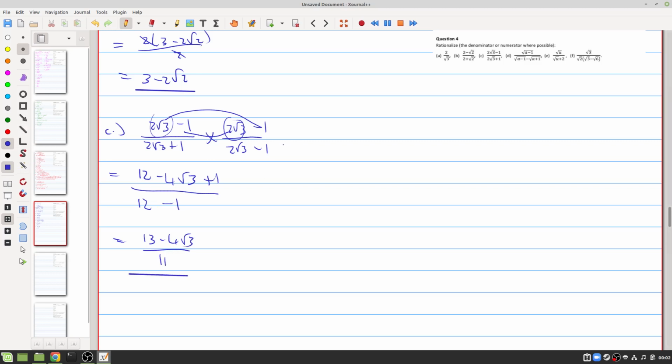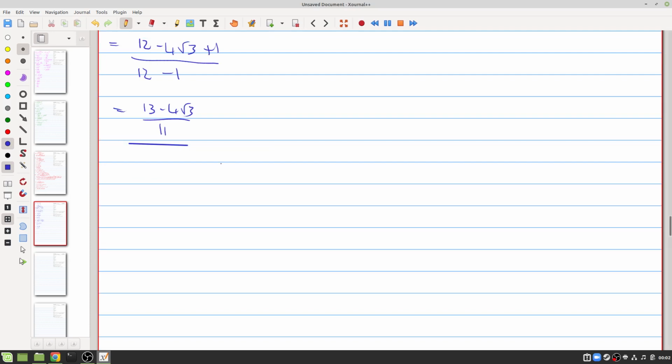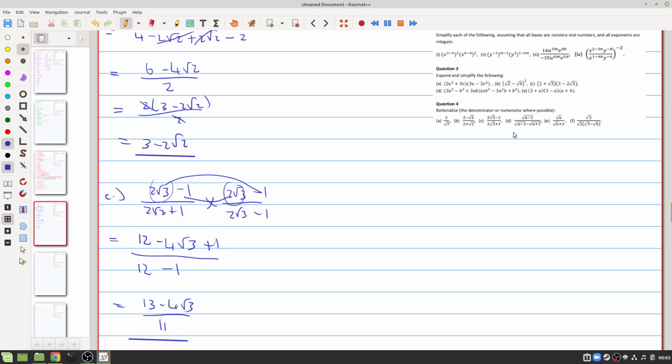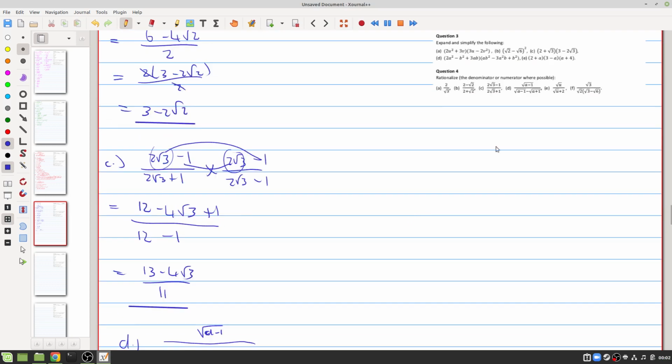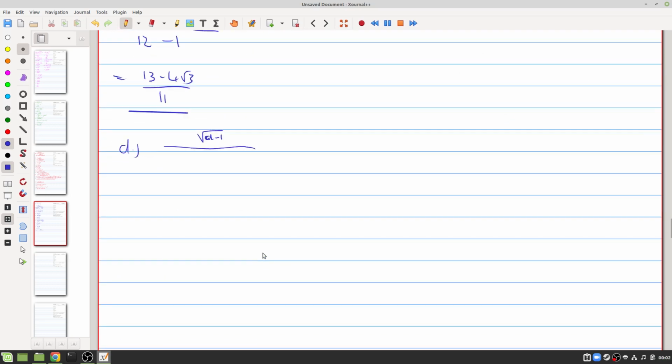Okay, question D. We've got what looks like a bit of a longer one, but it'll be the same idea. So square root of a minus 1 at the top, and at the bottom we've got square root of a minus 1 minus square root of a plus 1.